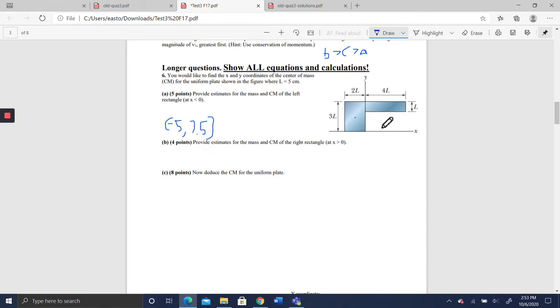And if they wanted mass, I would say typically assume each 1 centimeter square is 1 kilogram. So we have 15 times 10, that's 150 kilograms.